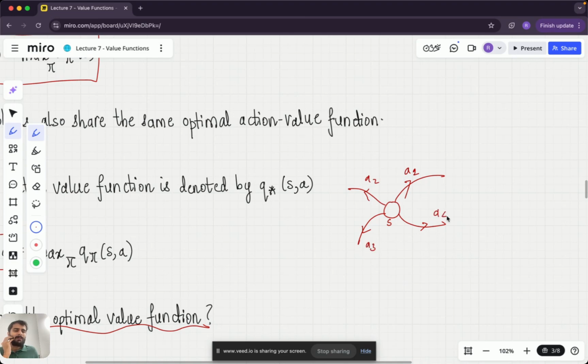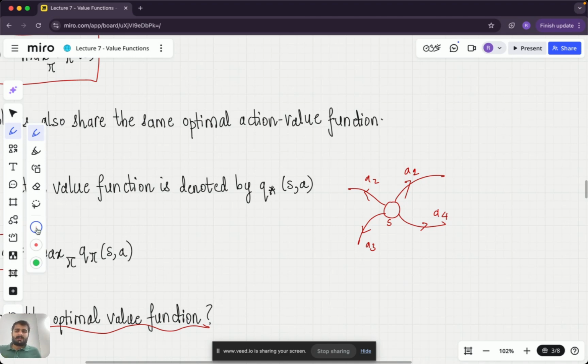If my policy is optimal, then I will select an action which maximizes the total expected reward along that action. I will not select an action which gives me a less expected return if I take that action.